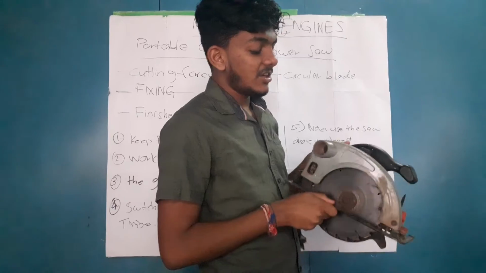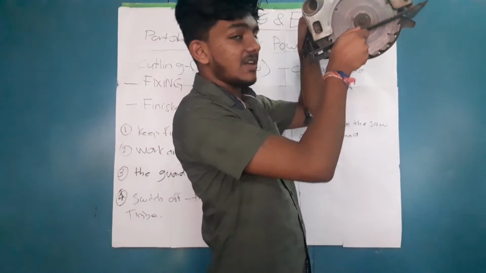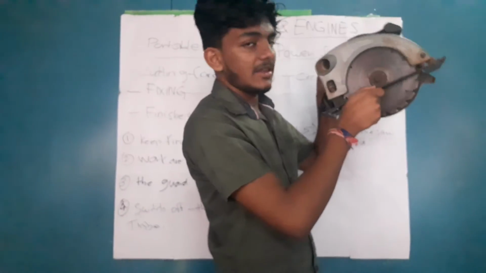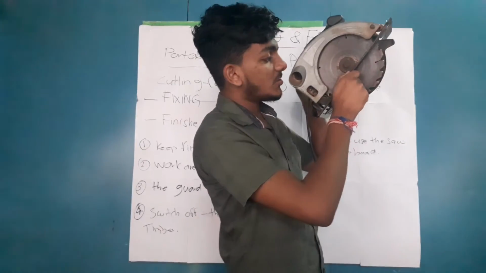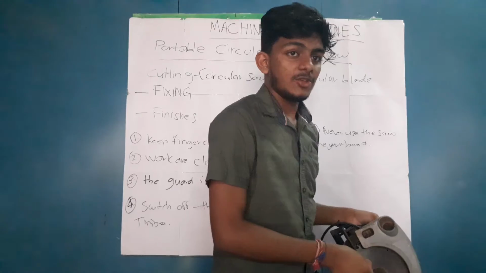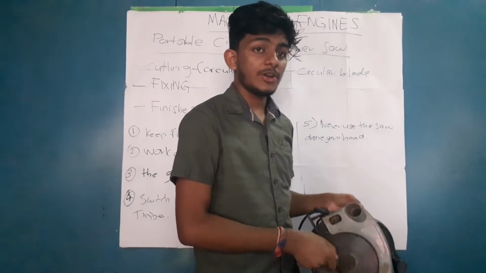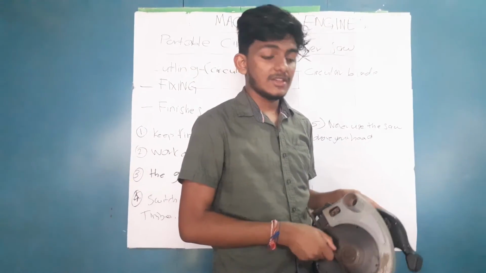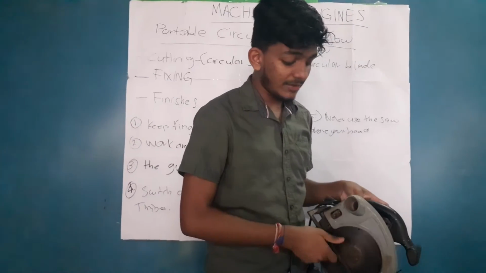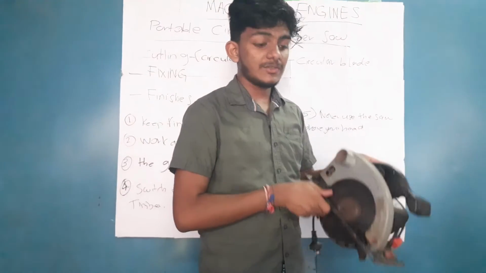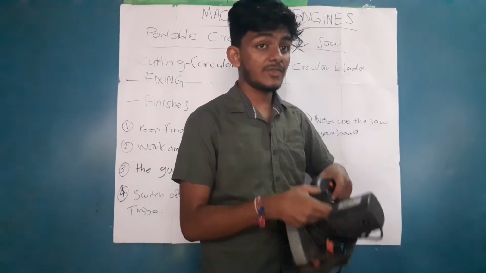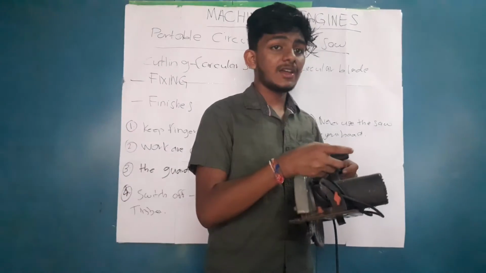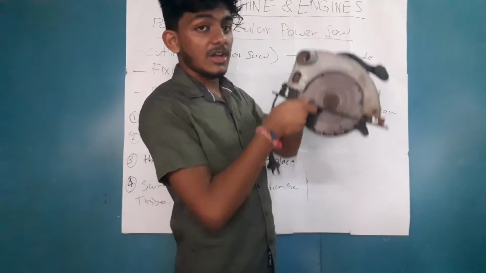If you are a bit careless and it trips, the blade will be at full speed, rotating at a high RPM. If it falls down, you could injure your foot or suffer serious injuries. Sometimes you could even lose body parts, because the blade or the whole machine, which is also very heavy, could fall on your body. So you must never ever use a circular saw above your head.